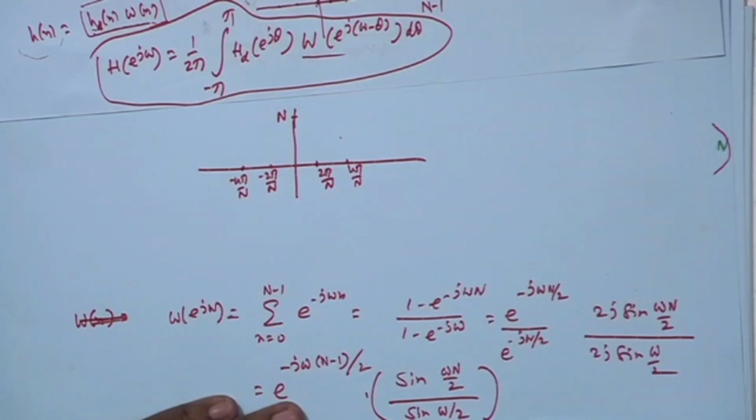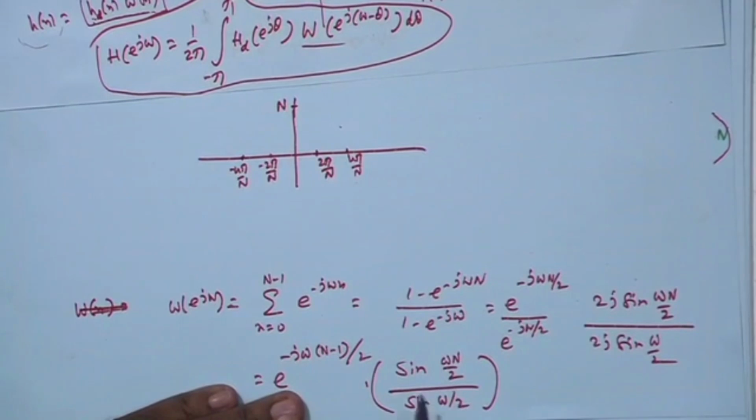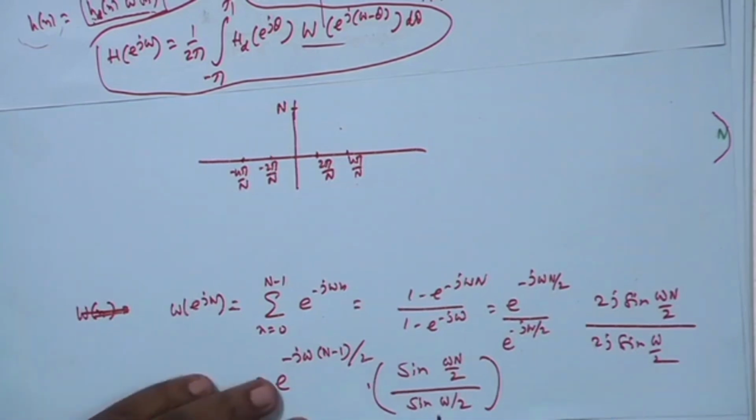In the first quadrant, the value of sine of an angle goes on increasing from 0 to 1 as the angle increases. That means, as omega increases, the denominator is increasing in magnitude. On the negative side, omega is negative, so it will be minus of sine of some angle, and the denominator also minus of sine of some angle. So, minus minus cancel. It will be the same thing, but the denominator is increasing as the magnitude of omega increases from 0 to pi.